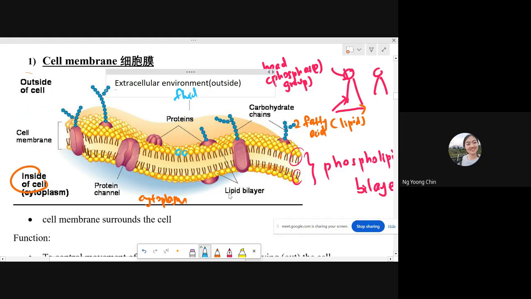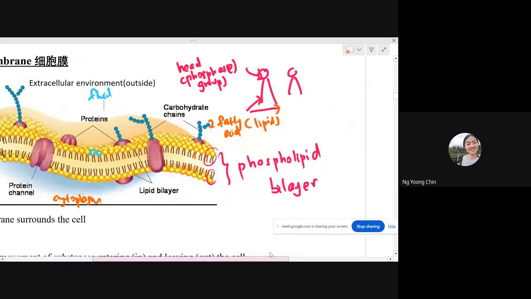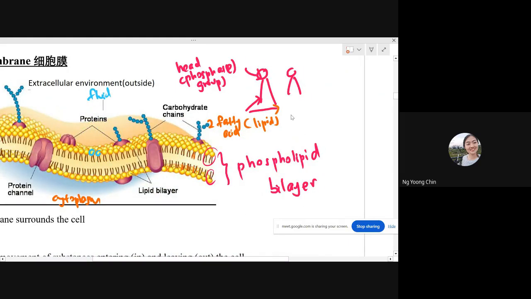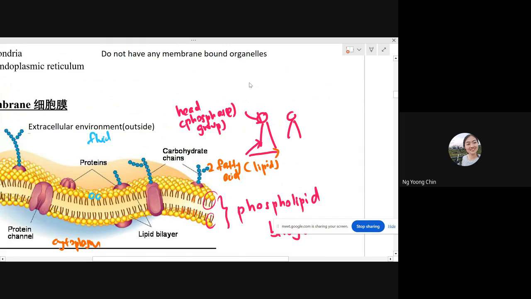Fluid means water. So for the phospholipid barrier, you know that the head contains the phosphate group and the tail contains two fatty acids. You should know the characteristic of the head and the tail. The head is classified as the hydrophilic head, because they like water.